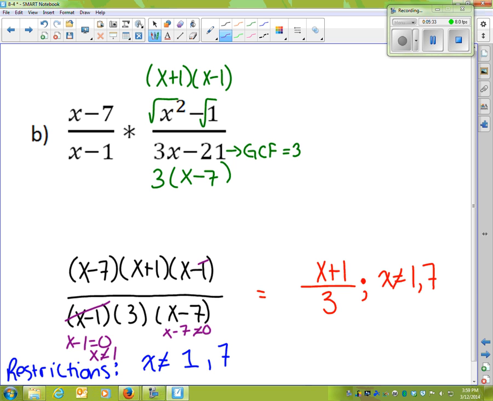X minus 1 was in both. X minus 7 was in numerator and denominator, leaving me with x plus 1 over 3, where x cannot be 1 or 7. Did not have to worry about the 3 in my restrictions because there's no variable attached to it. If you have a number, a GCF that you factor out, and there's no x, it just stays in the problem.